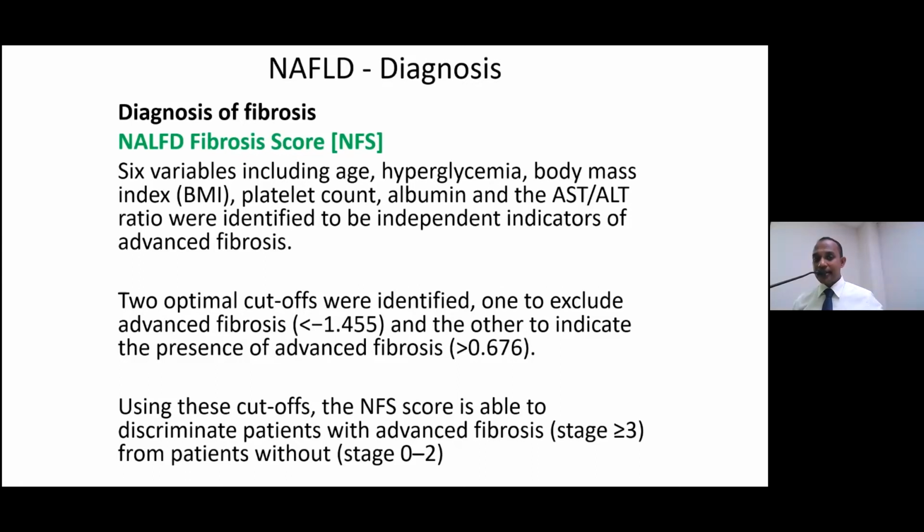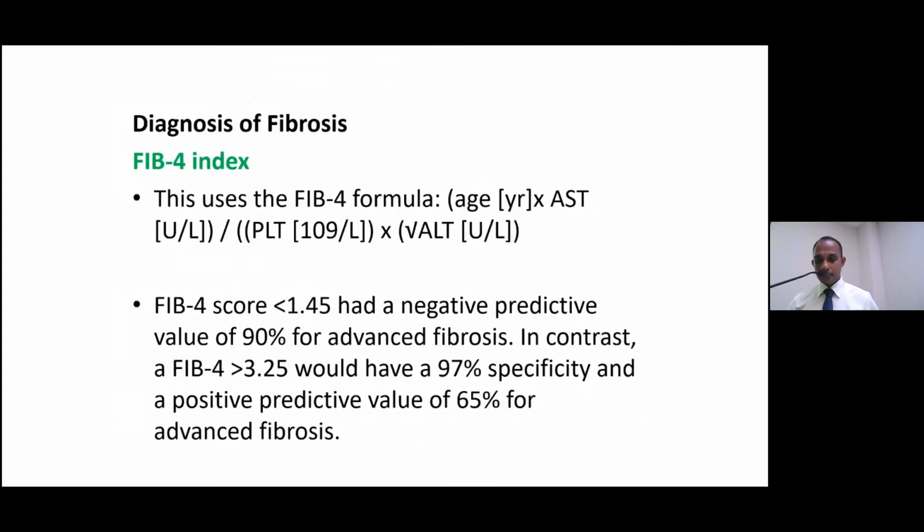Then they give a cutoff value: they identify significant fibrosis if the score is above a particular cutoff value, and they rule out significant fibrosis if it is below a particular cutoff value. For the fibrosis 4 index, this again uses a formula that includes age, AST, platelet count, and ALT.